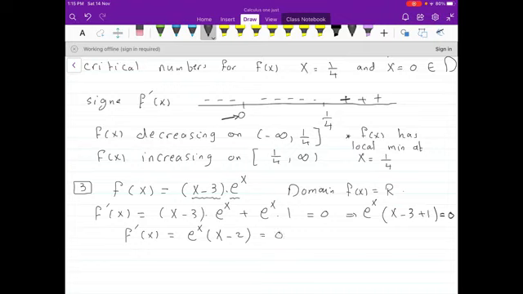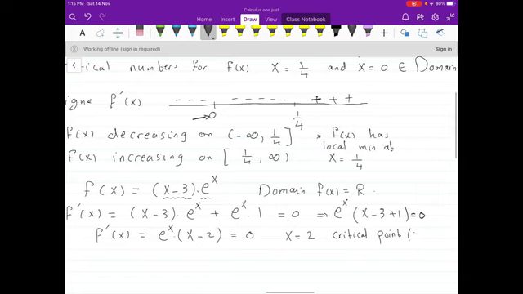So this equals 0. E to the power x will never equal 0, so we get x equals 2. So the critical point, what is the critical point? 2, and the image is 2 minus 3 times e squared.